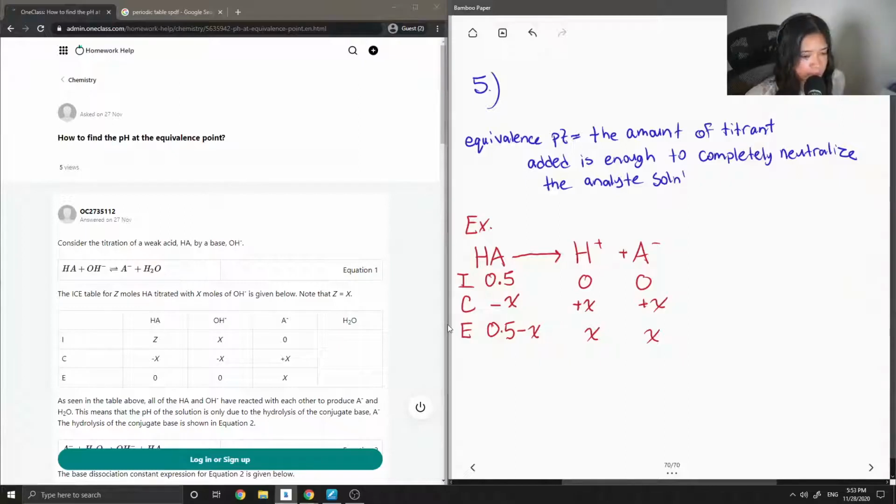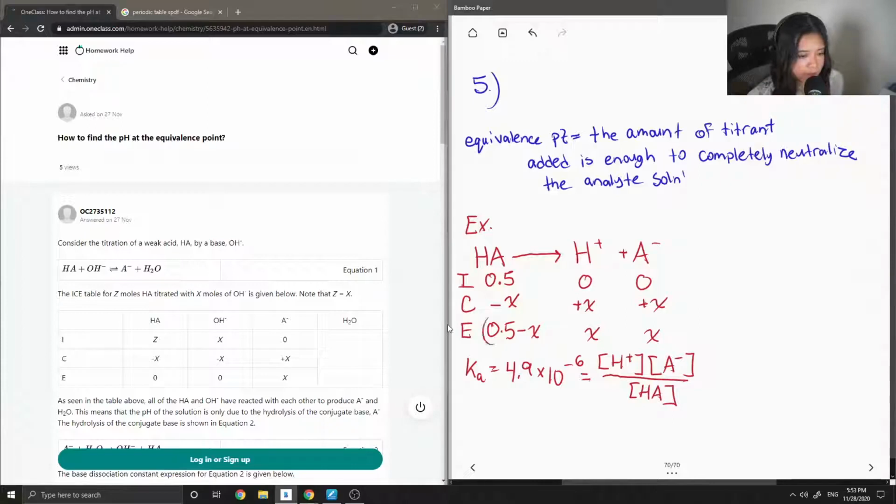So let's say there was a Ka value given. It's usually around like 4 point something times 10 to the negative 6, let's say. This Ka value is equal to the concentration of H plus times the concentration of A minus divided by the concentration of HA.